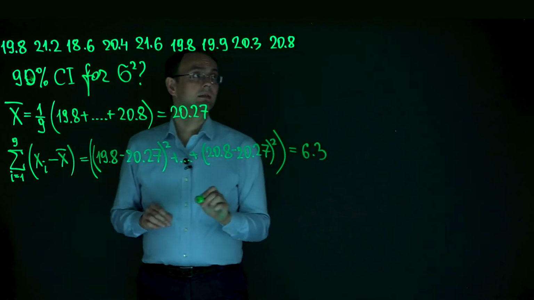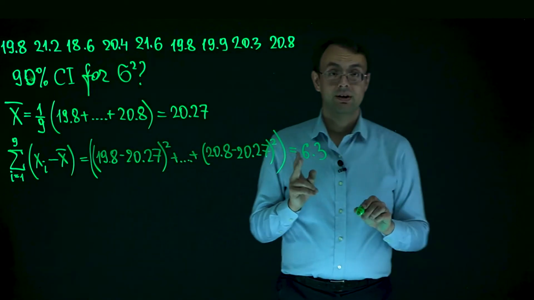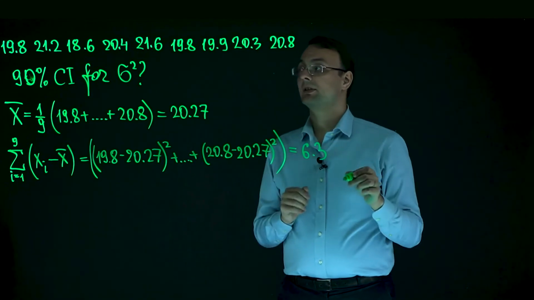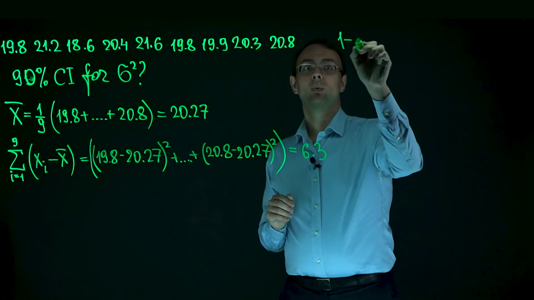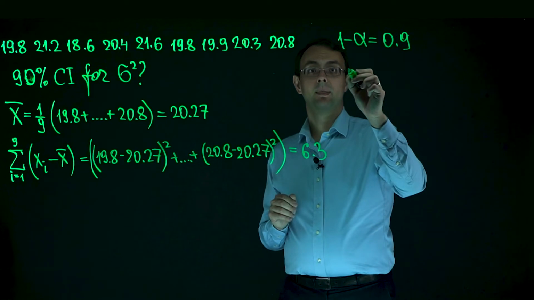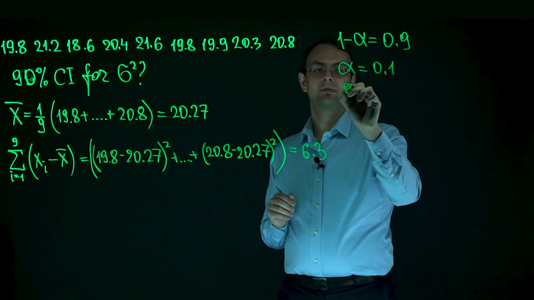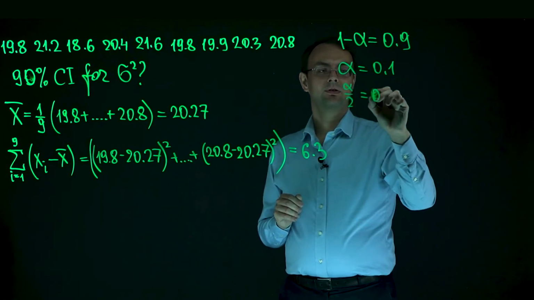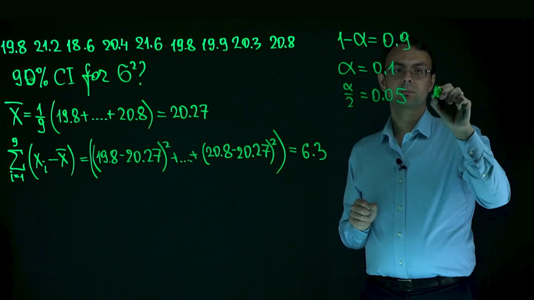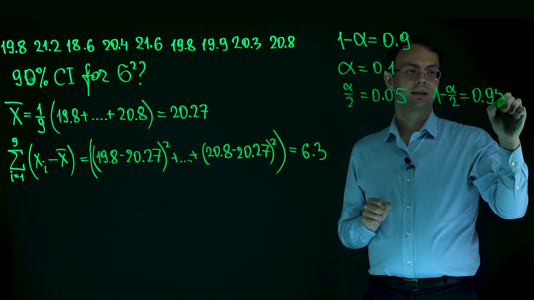And then I will need two quantiles of the chi-square distribution. As I'm asked to find a 90% confidence interval, 1 minus alpha is 0.9, and that means alpha is 0.1, alpha over 2 is 0.05, and 1 minus alpha over 2 is 0.95.